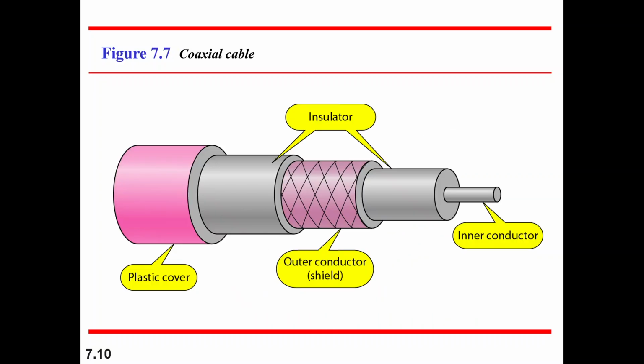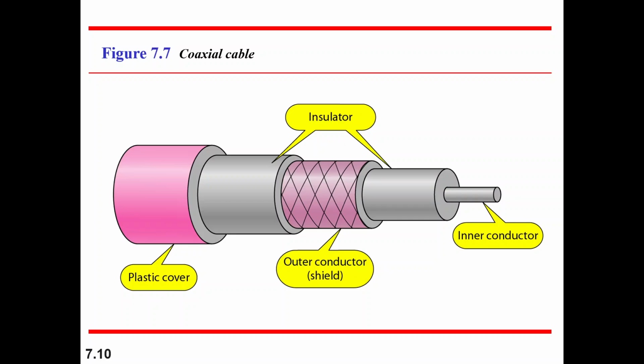The next cable is the coaxial cable. Coaxial cable, or coax, carries signals of higher frequency ranges than those in twisted pair cable, in part because the two media are constructed quite differently.